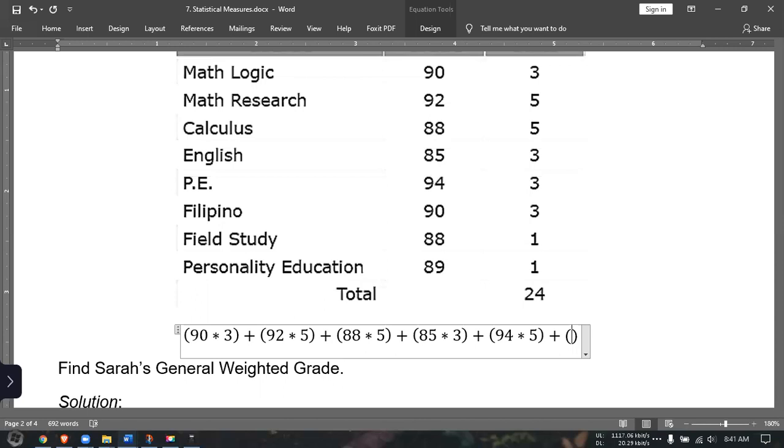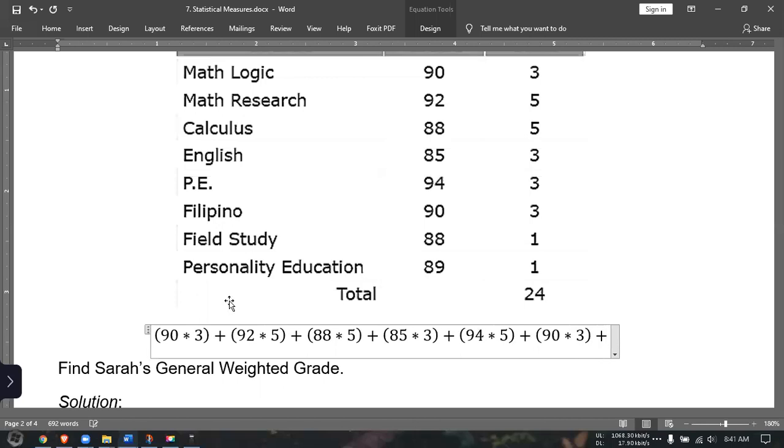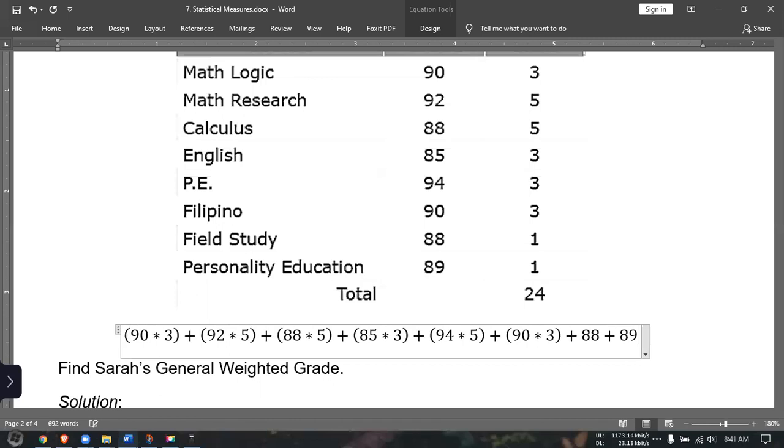Filipino, 90 times... should be 2153 sa 54.